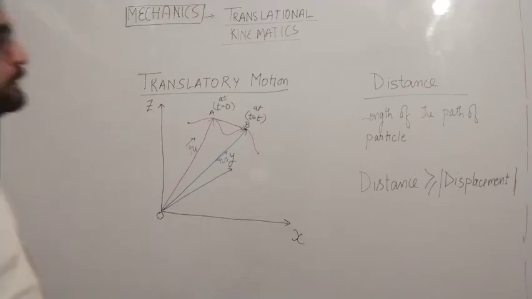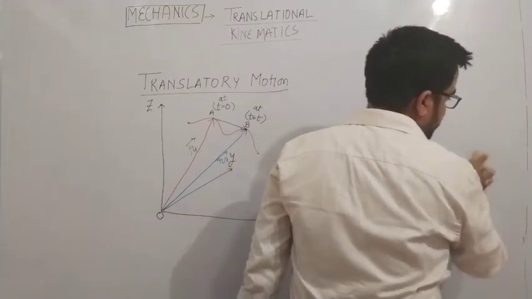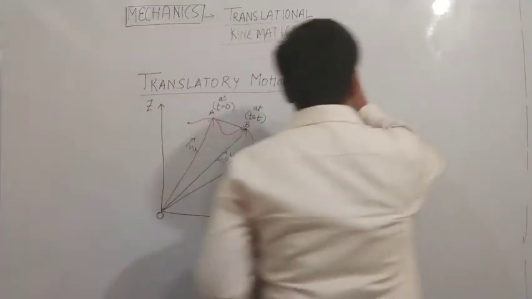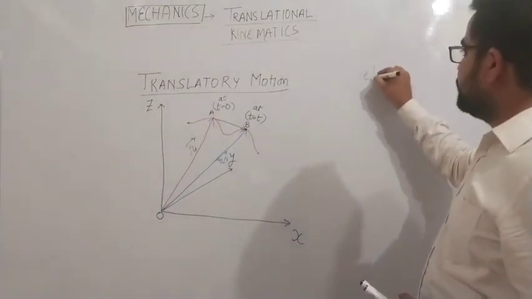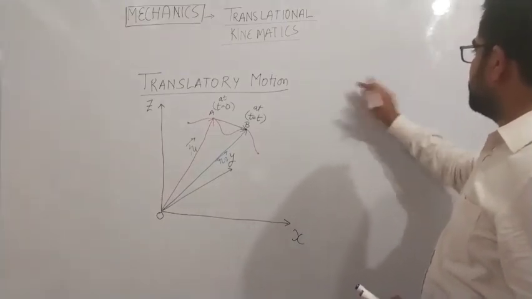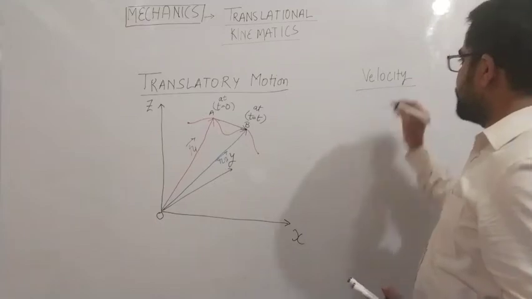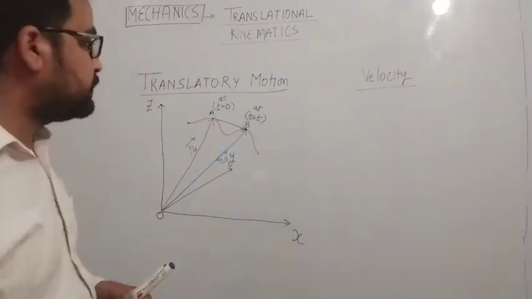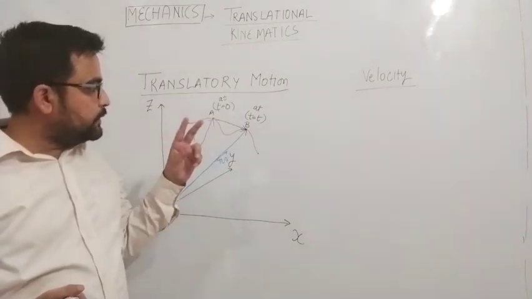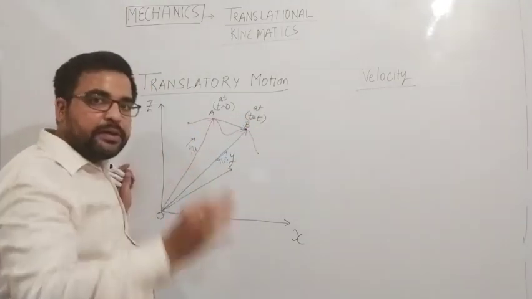So now the next parameter which we are going to deal with is obviously velocity. You can ask about the velocity of this particle in two ways. One is the velocity at this very instant, at any particular moment.